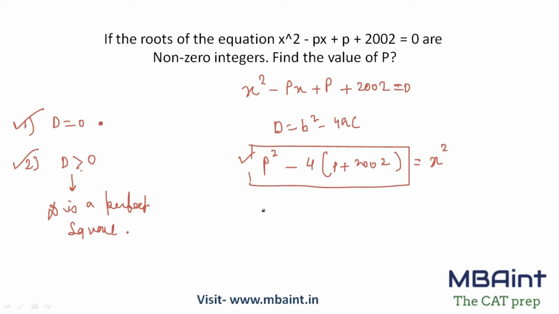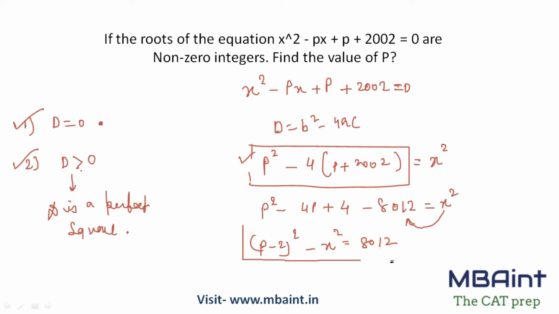So when I open this up, I'll get p square minus 4p plus 4 minus 8012, which is equal to x square. Solving this, I'll put this on the LHS, so I'm getting p minus 2 whole square minus x square, which is equal to 8012.